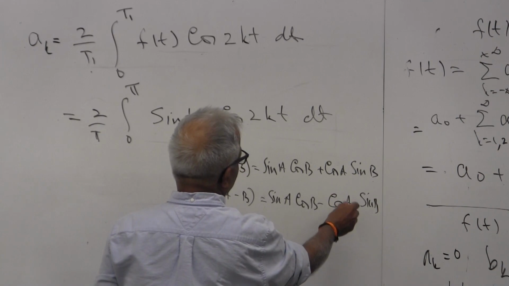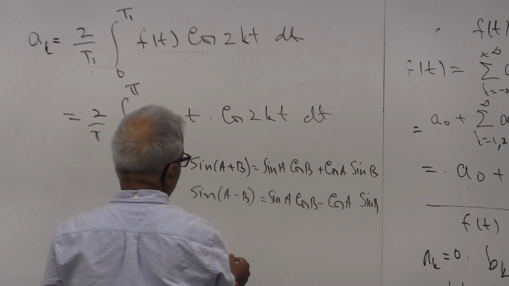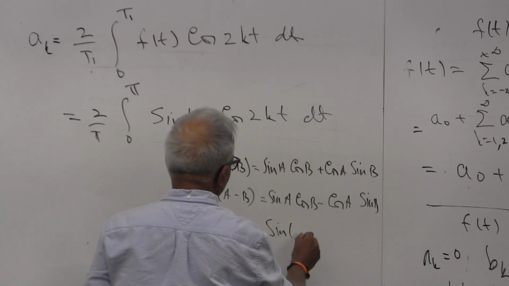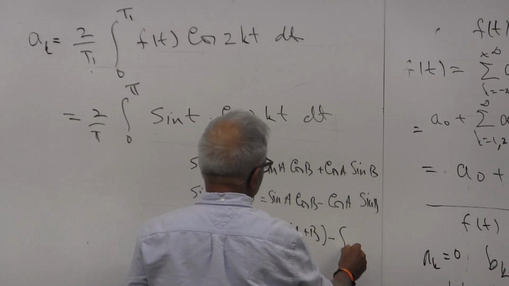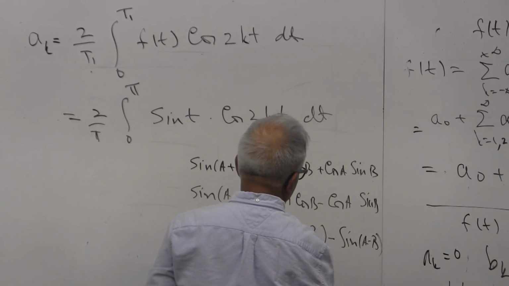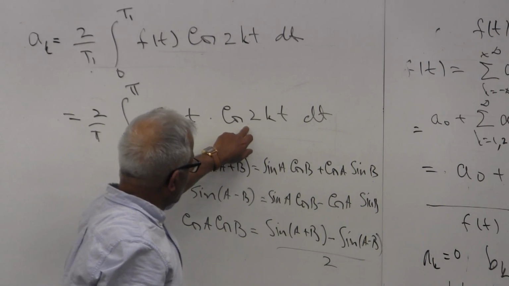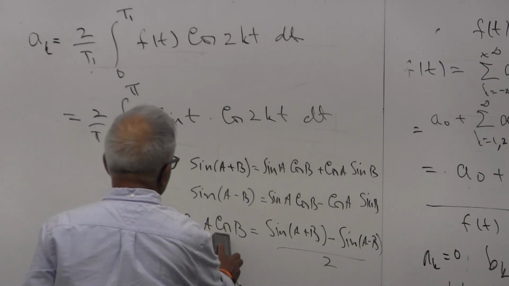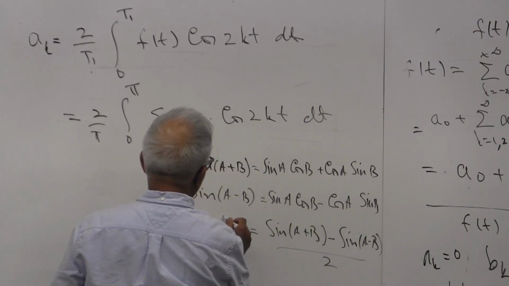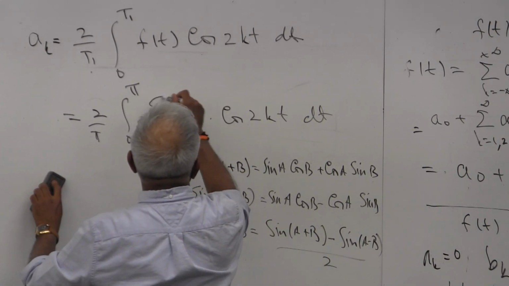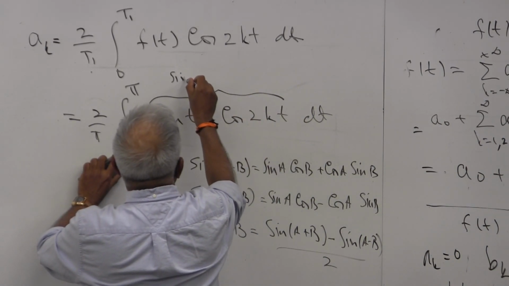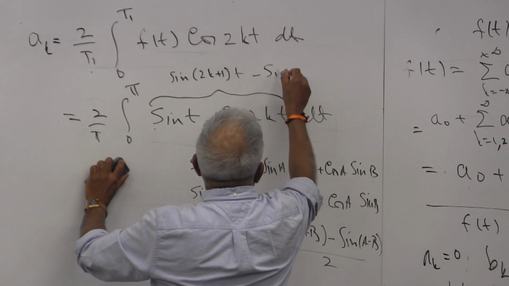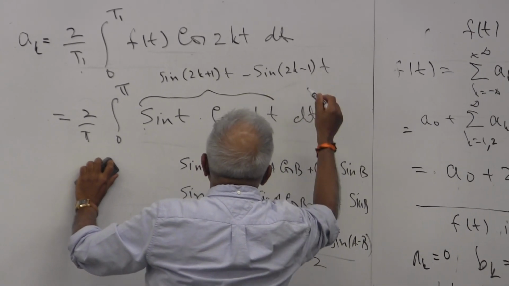If you subtract one expression from the other, you get cos A sine B, not cos B. So this term can be written as sine (2k plus 1)t minus sine (2k minus 1)t, over 2.